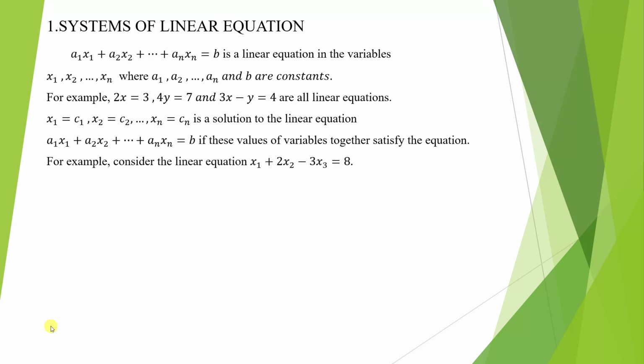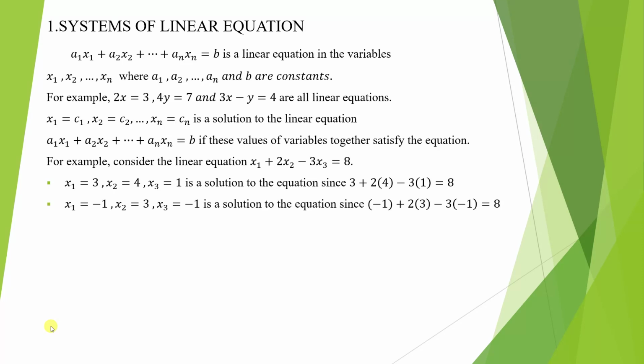For example, consider the linear equation x1 plus 2x2 minus 3x3 equal 8. If we take x1 equal 3, x2 equal 4, and x3 equal 1, it is a solution of this equation because the left hand side and the right hand side are equal to each other.